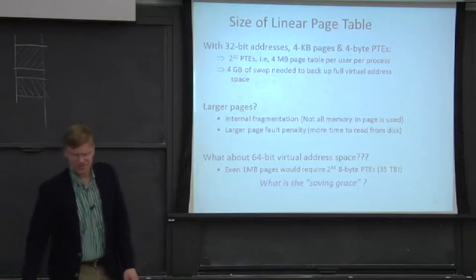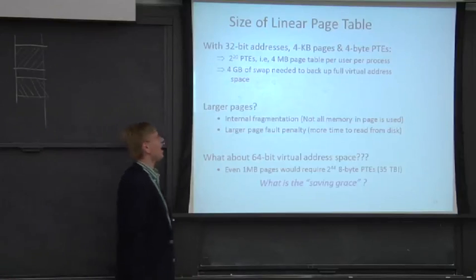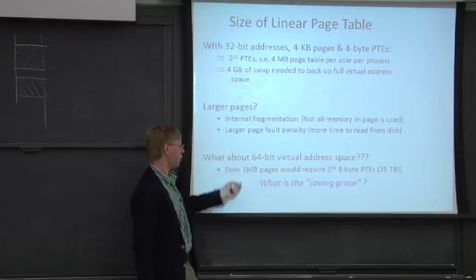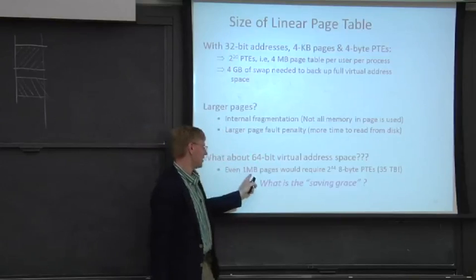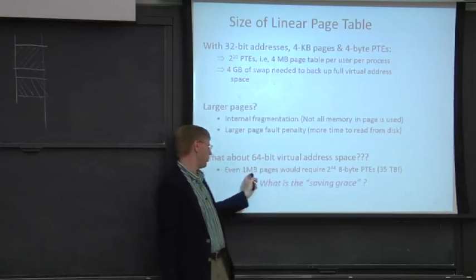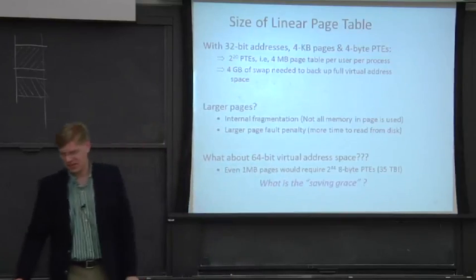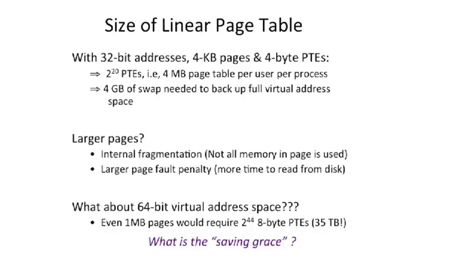So let's crank through the math now for a 64-bit machine instead of a 32-bit machine. If we have relatively large pages, let's go for a megabyte page. A megabyte page is going to give us 2 to the 44 page table entries.